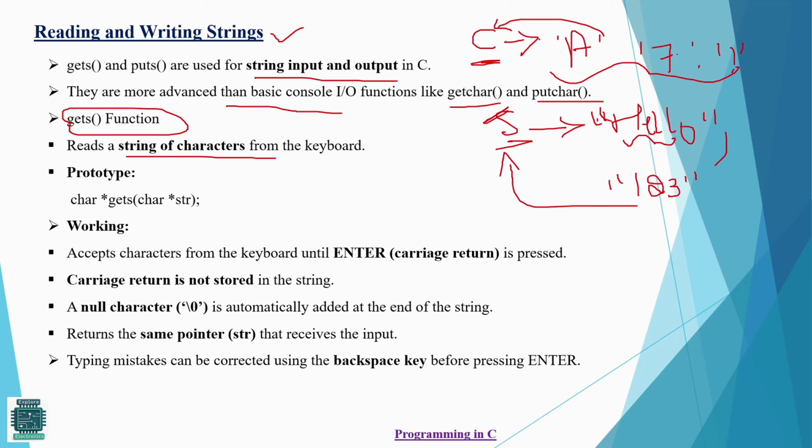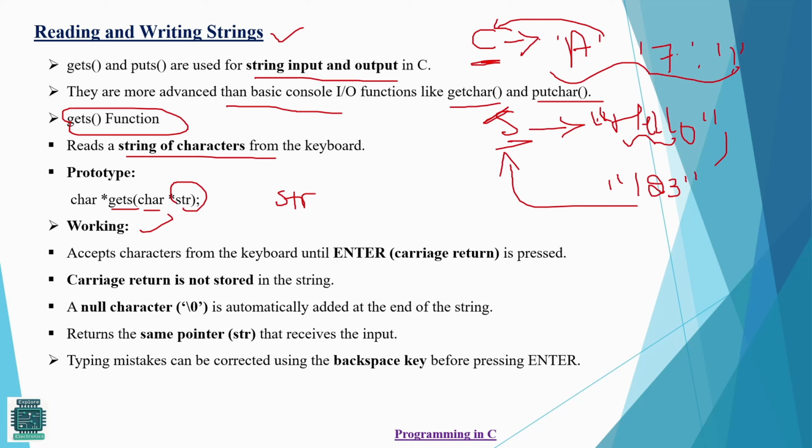In the previous functions also, like getch and getche, please make sure you write the prototype. That is char *gets(char *str). Here, str is a pointer to a character array that receives the characters entered by the user. gets also returns str.